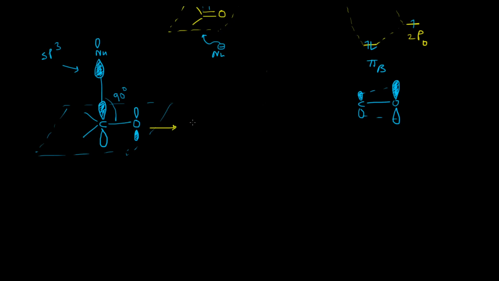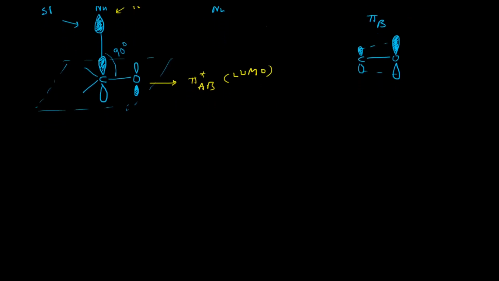This is basically the pi star antibonding orbital of the carbon-oxygen double bond, and this is the HOMO of the nucleophile, and it is the LUMO. Another situation will be the interaction between the HOMO of the carbon-oxygen double bond and the HOMO of this nucleophile, which will be a destabilizing interaction. In the case of the HOMO of the carbon-oxygen double bond, the pi bonding orbital will be involved.